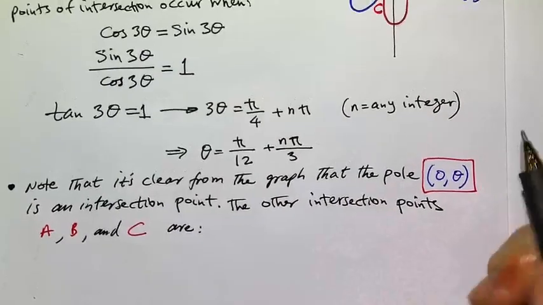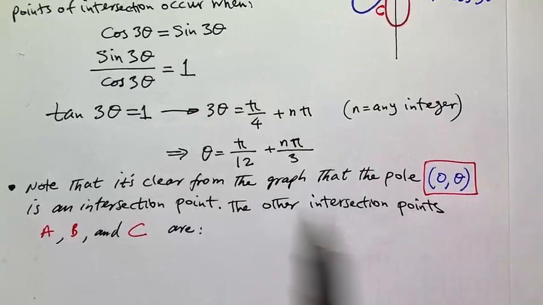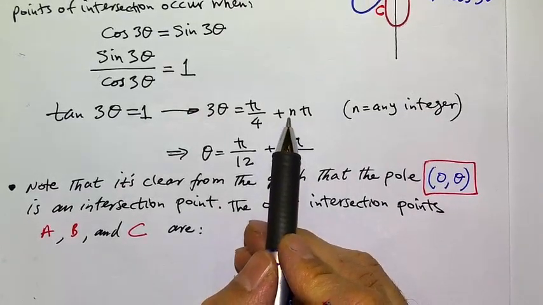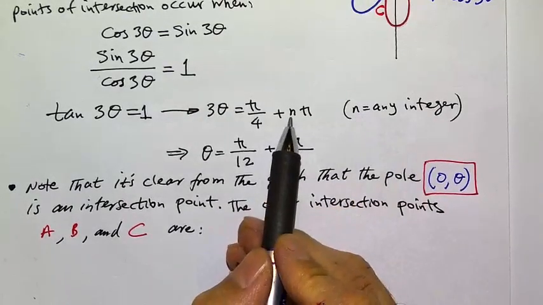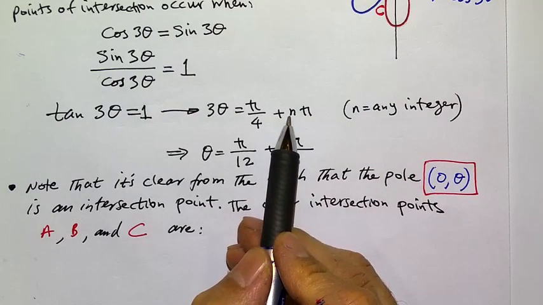We simply start by incrementing this n, which can be any integer, for 0, 1, and 2.